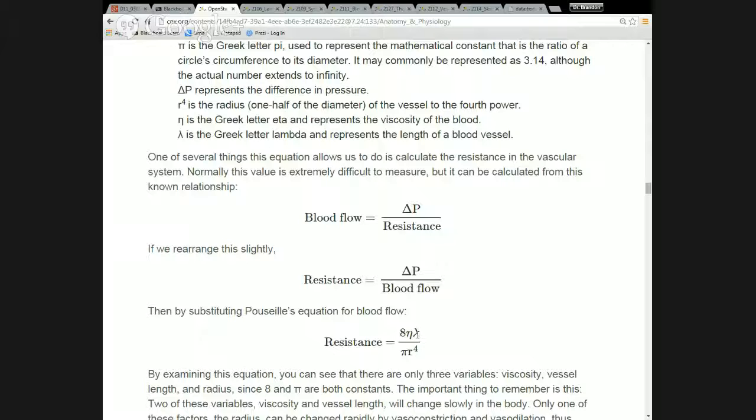Okay? One reason that obesity is a risk factor for cardiovascular disease is because blood vessel length corresponds to resistance. And so if you have more adipose tissue and therefore more blood vessels, your heart has to work harder to push blood back to the heart.